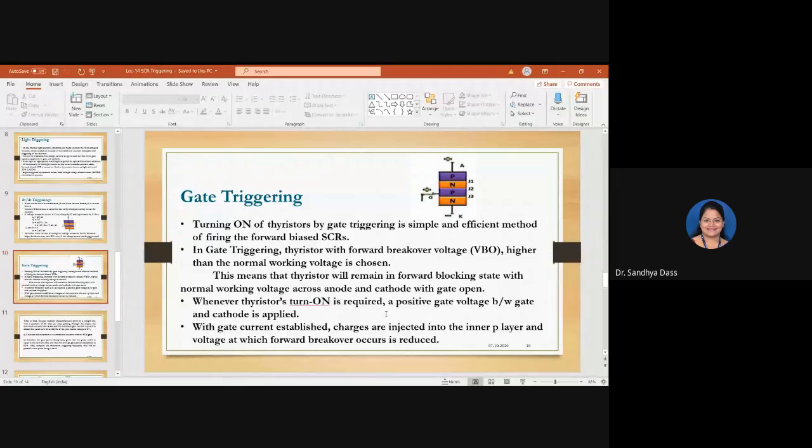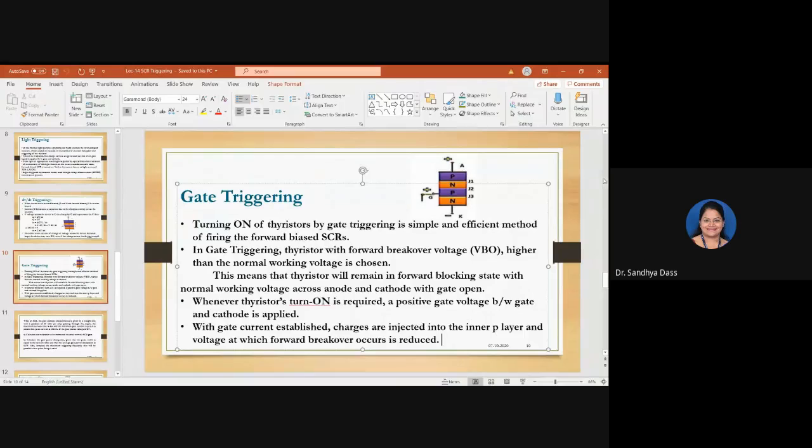That is what is explained in these points. Whenever thyristor turn on is required, a positive gate voltage between gate and cathode is applied. With gate current established, charges are injected into the P layer, and the voltage at which breakover occurs is reduced. The same thing I explained, in a more professional way.